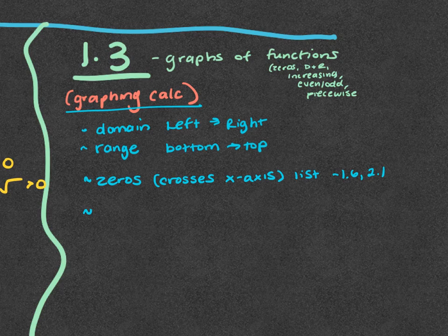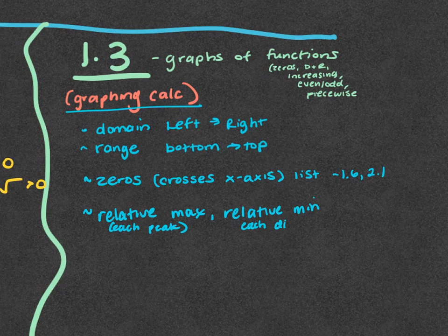Then you get max and min, right? So relative max and relative min. This is each peak, each dip. These are in coordinate point form.